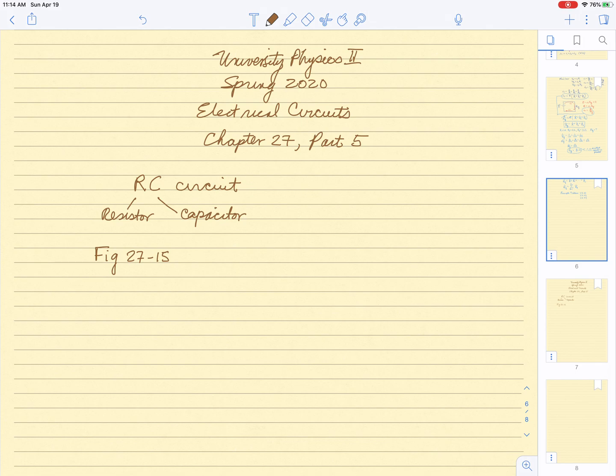So if we imagine we have a source of EMF, electromotive force, positive, what we're going to have here then is a circuit that looks like this.